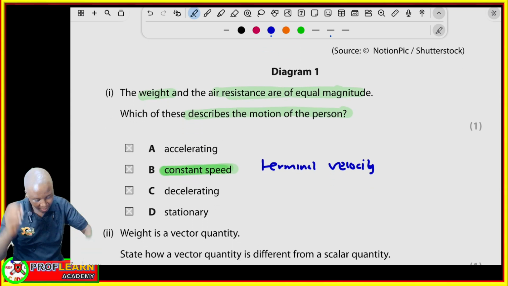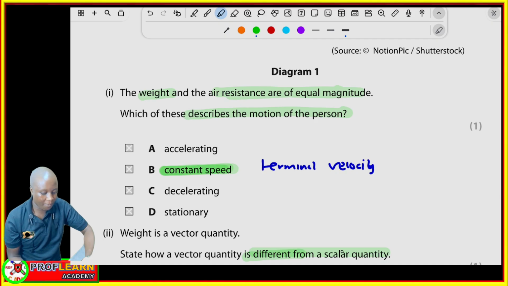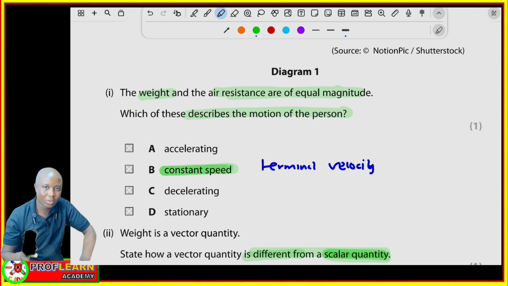Weight is a vector quantity. Now you are supposed to state how it differs from a scalar quantity. You need to understand that a vector quantity is a quantity that has both size and direction, but a scalar quantity has only size but no direction.